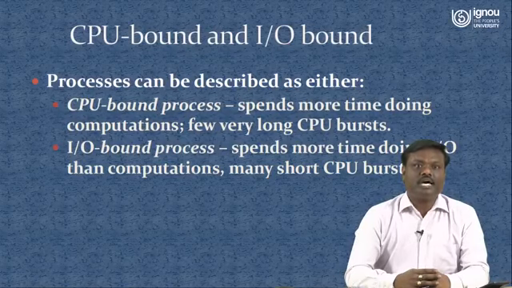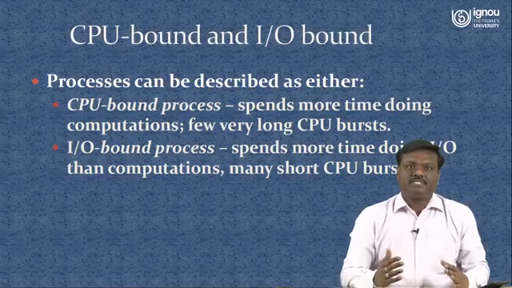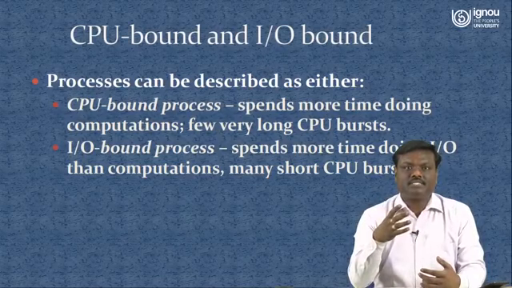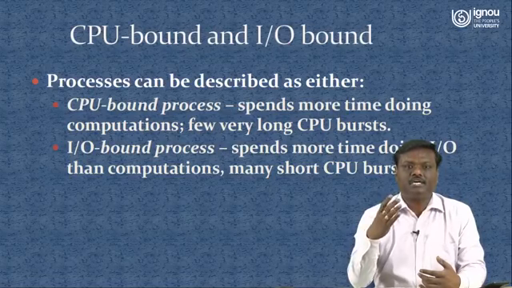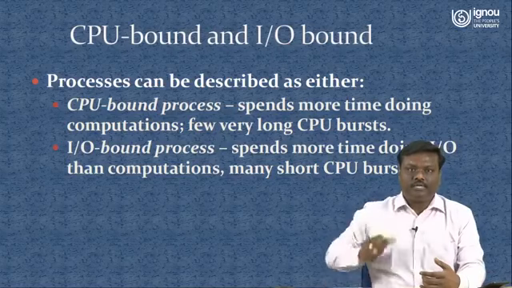Coming to IO-bound, it spends more time doing IO than processor computations. So it depends. Some processes will have an equal mix. In some processes the CPU-bound part will be very high, that is, the processor burst will be very high and IO will be very low in that context.